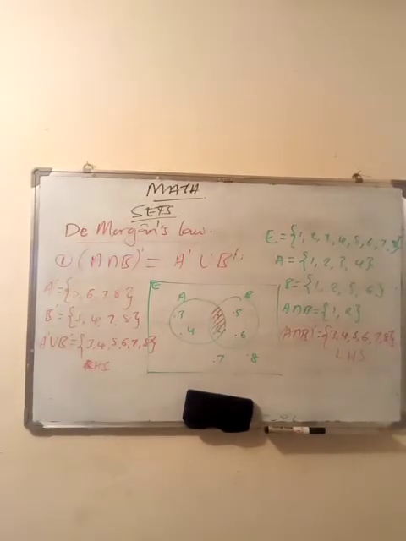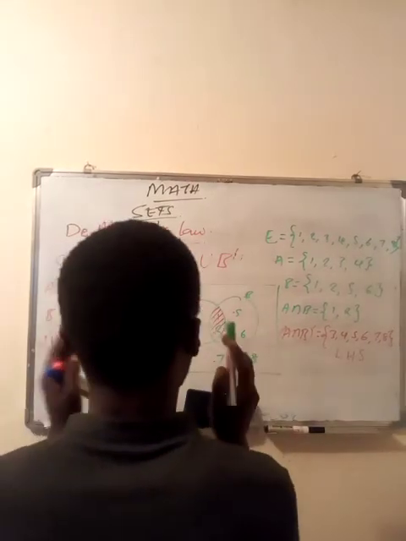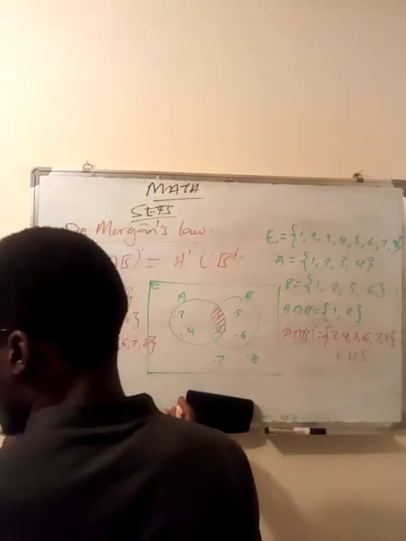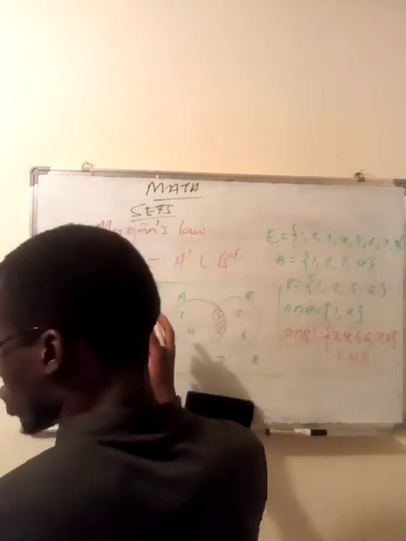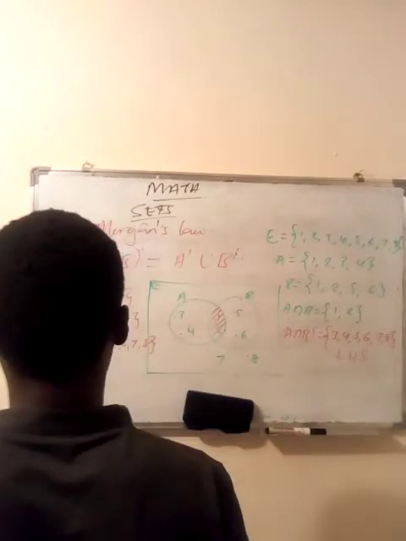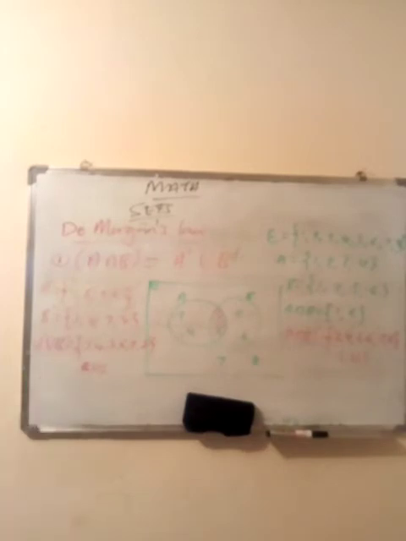From there it implies that, when we say X is a member of A intersection B complement, we are saying that X is found outside A intersection B. That's what it means, okay?